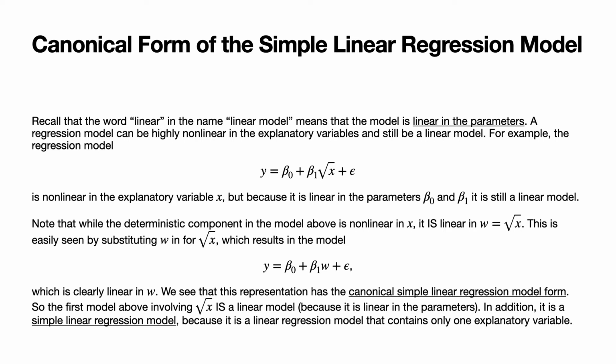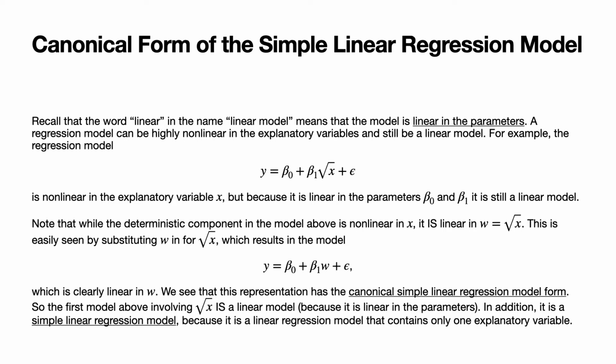Now note that while the deterministic component in the model above is nonlinear in x, it is linear in the variable w equal to the square root of x. This is easily seen by substituting w in for the square root of x, which results in the model y equal to beta 0 plus beta 1 times w plus epsilon, which is clearly linear in w.